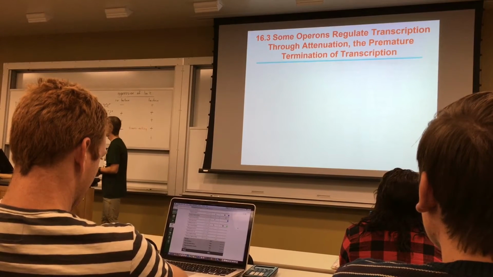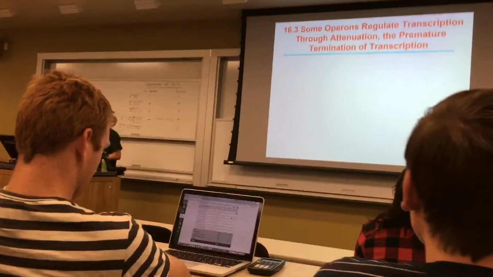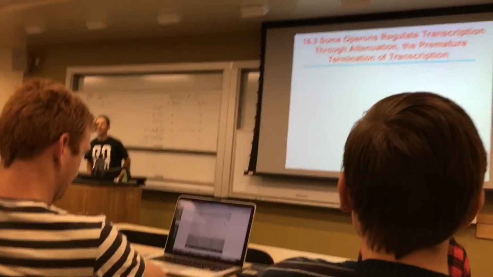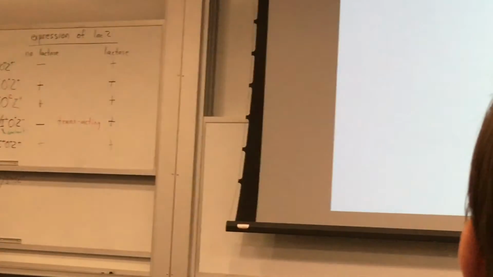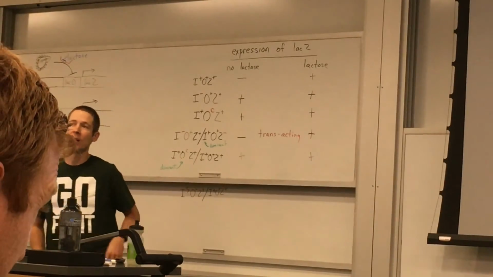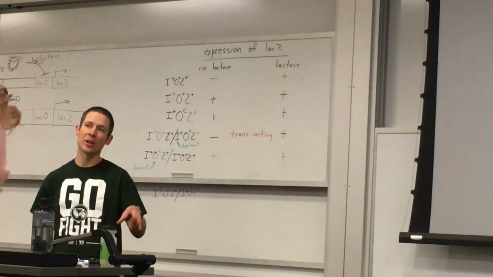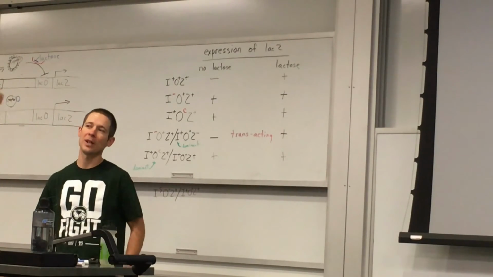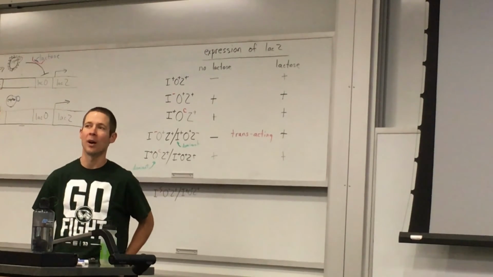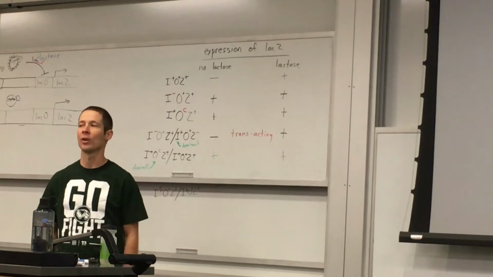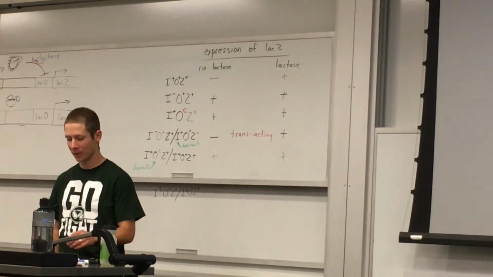Bacteria also sometimes have another process known as attenuation, which is essentially deciding, okay, well, I've started transcription, but I really don't need these genes. I'm going to shut it down early so that I don't end up making these genes.